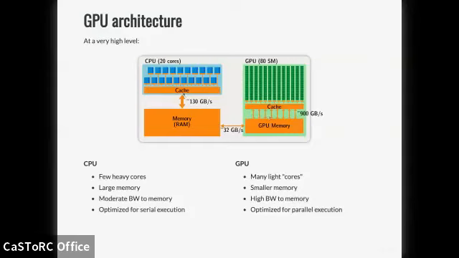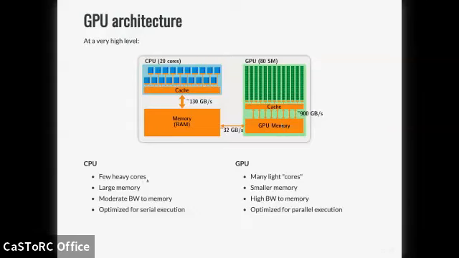So more cores and faster access to memory, but the faster GPU memory is also smaller. On one of these compute nodes you have memory of the order of hundreds of gigabytes, something like 96 or 128 gigabytes, whereas GPU memory is something like 32 or 64 gigabytes, but it's faster.